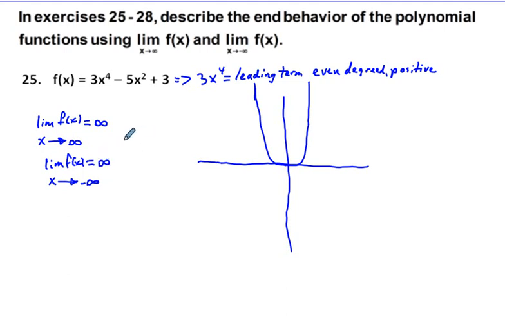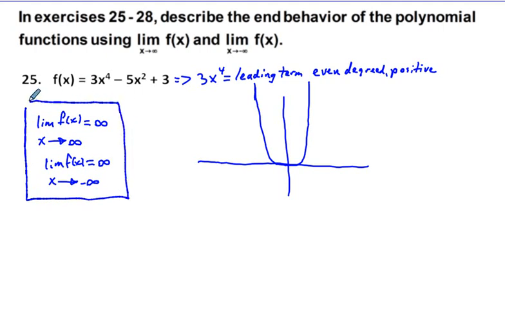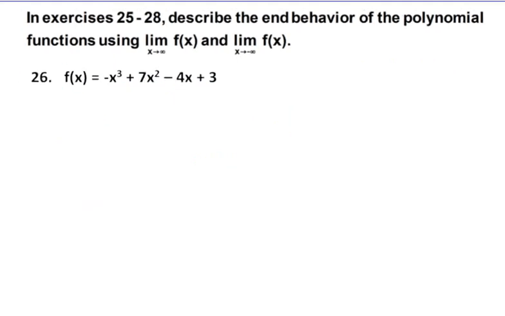So the limit is the same either as we go toward positive infinity or negative infinity. So that's going to be our answer, problem number 25. If we graph this out, we could possibly see a factored form of this, but it's beyond the scope of what we're concentrating on here.